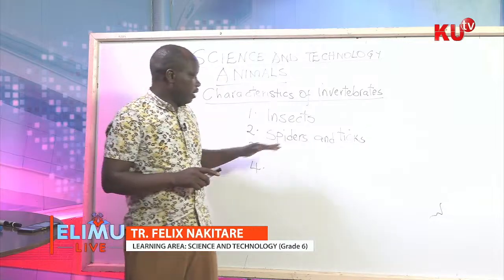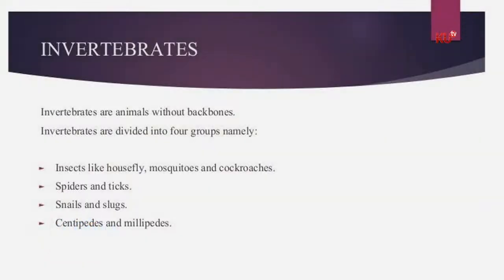The second group of invertebrates, we say the first group is insects. Then the second group is spiders and ticks. Then group number 3, we have snails and slugs.